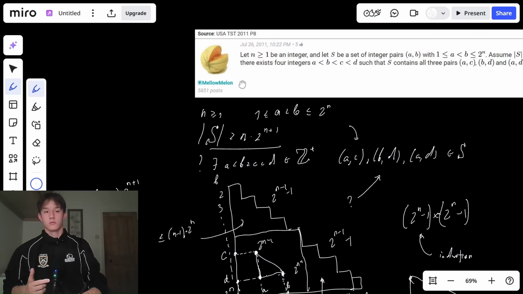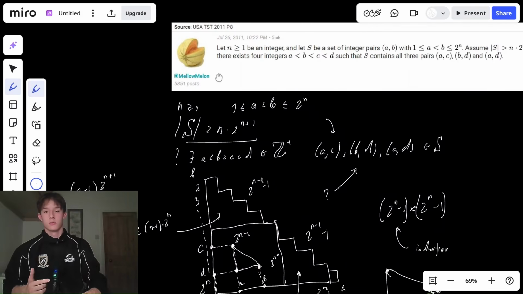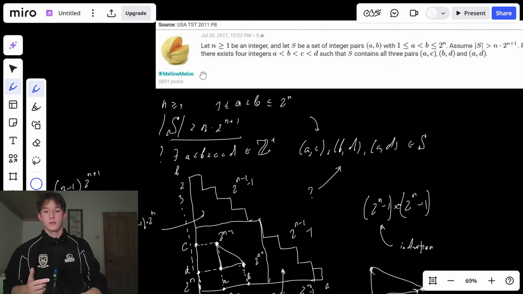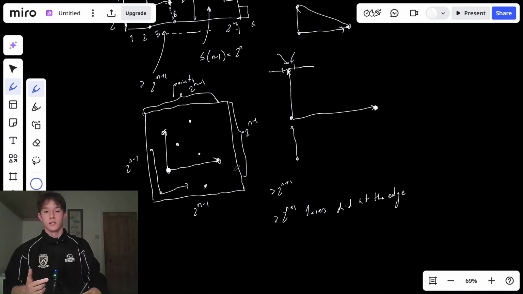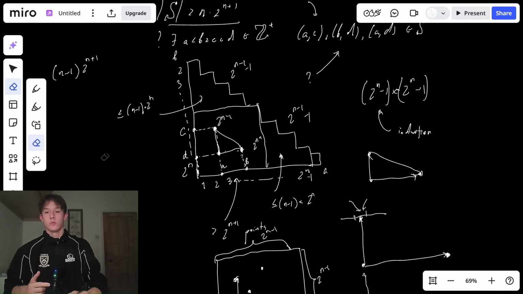So essentially this shows that since the board initially was 2 to the power n minus 1 by 2 to the power n minus 1, there's 2 to the power n plus 1. We looked at the board, which is 2 to the power n minus 1 by 2 to the power n minus 1 here.